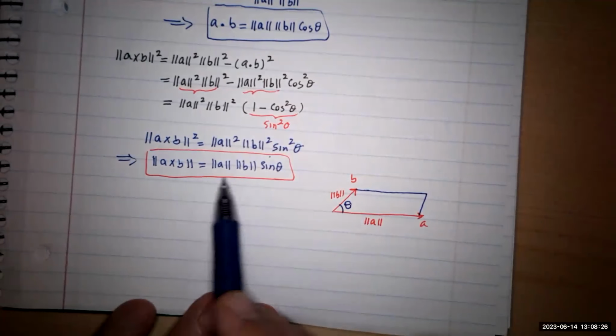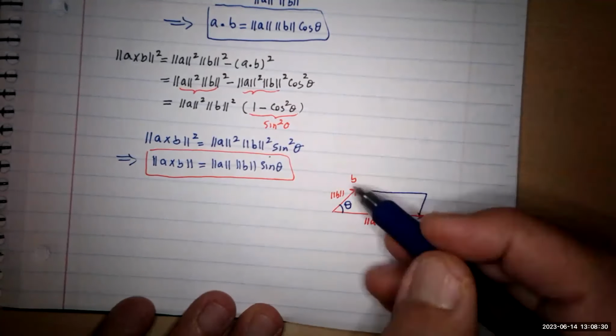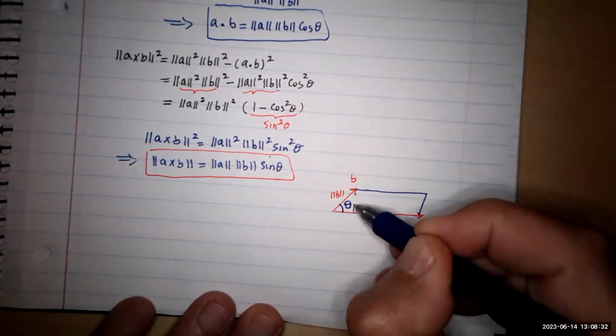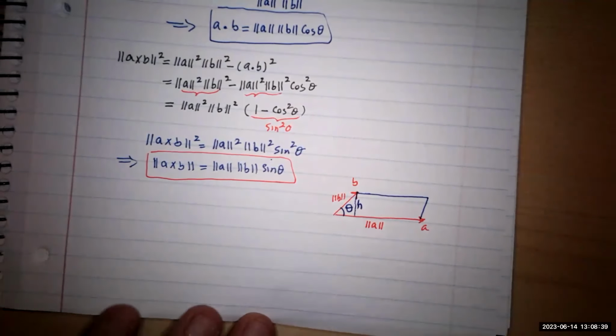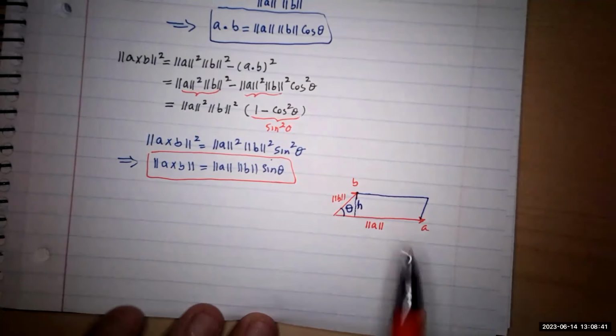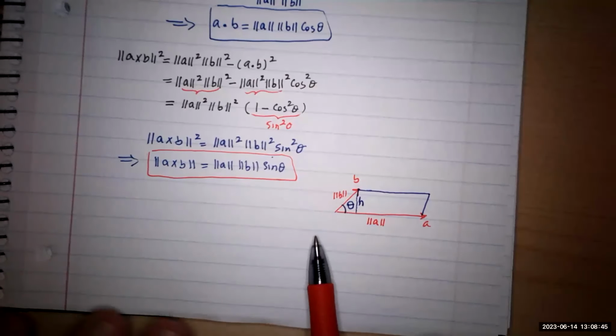Let's see what this formula is all about. If you consider the height of the parallelogram to be h, what's going to be the area of this parallelogram?